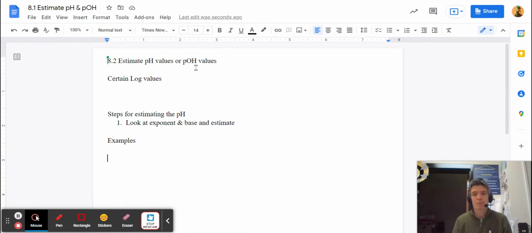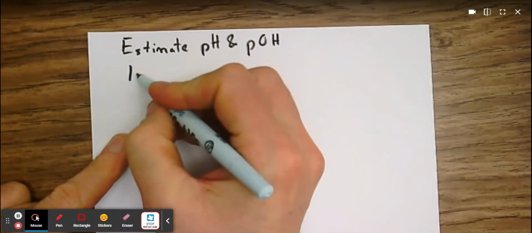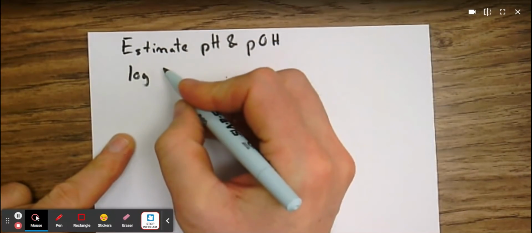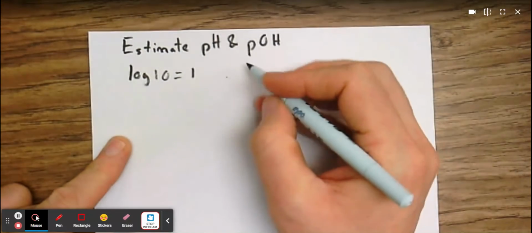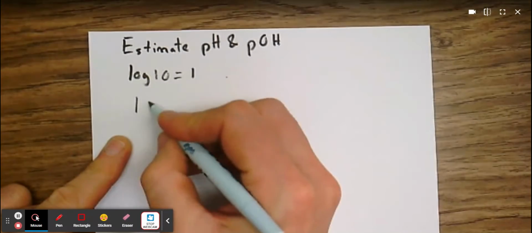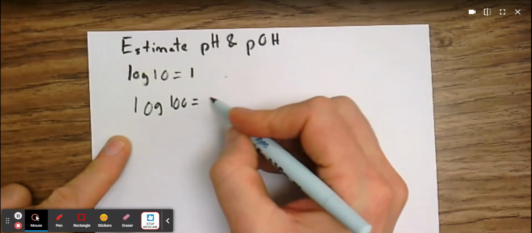Right, so we want to be really good at estimating pH values. To do this, we need to look at certain logs. The log of 10 is equal to 1, and the log of 100 is equal to 2.